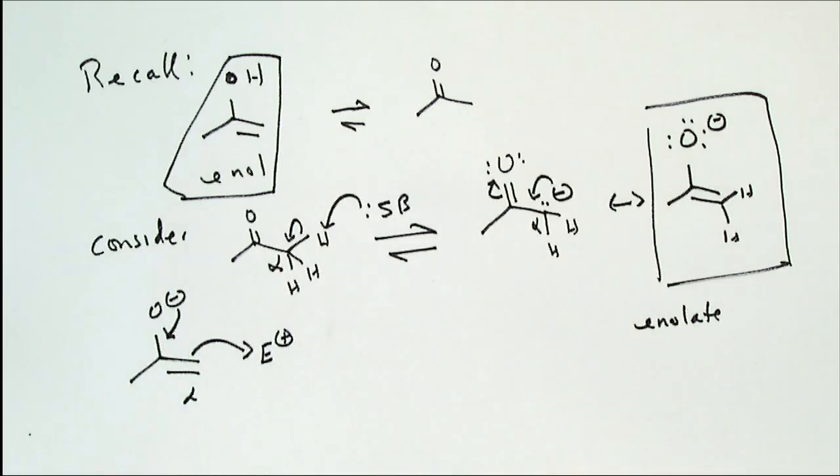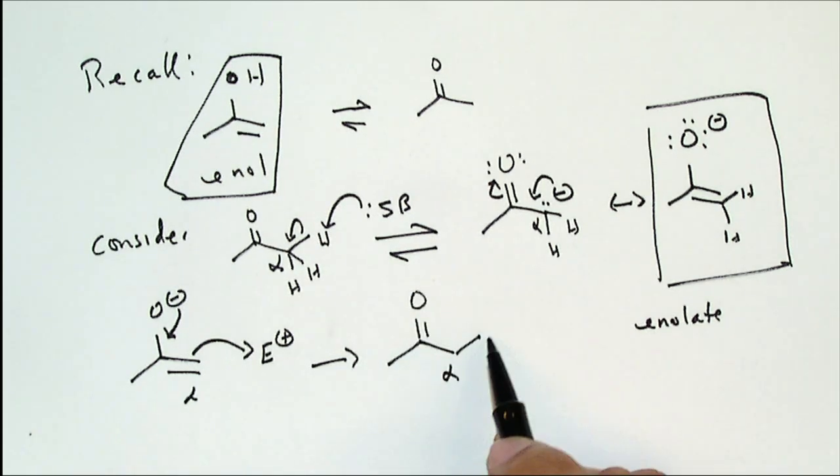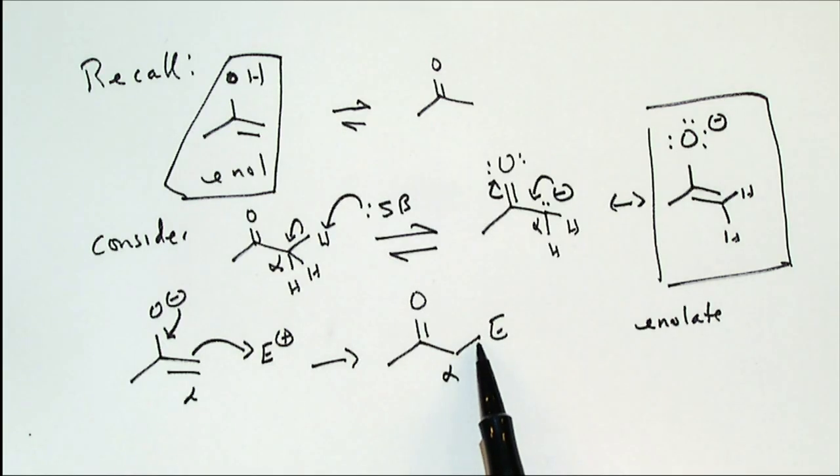We'll just generically say E+. And therefore, the product that you will end up getting here is that on the alpha carbon, I have attached that electrophile. And of course, one of the things that we could attach here would be any alkyl group, and that would be what would be called alpha alkylation if we attach an alkyl group.